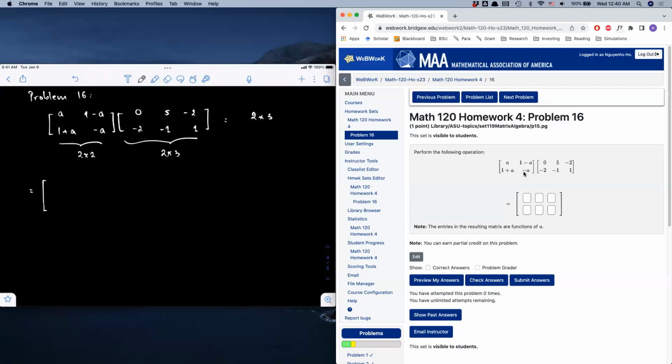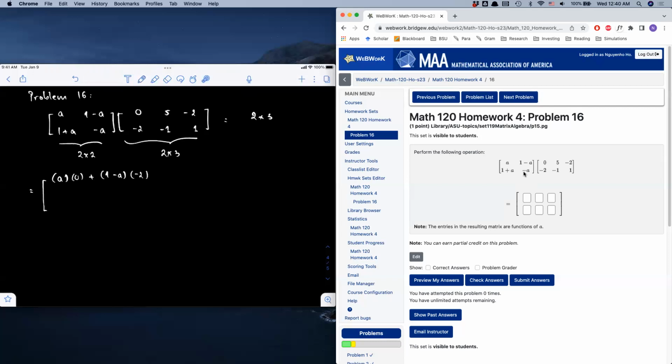Now for the first entry, you take the first row of A combined with the first column of B. So you have A times 0 plus 1 minus A times negative 2.